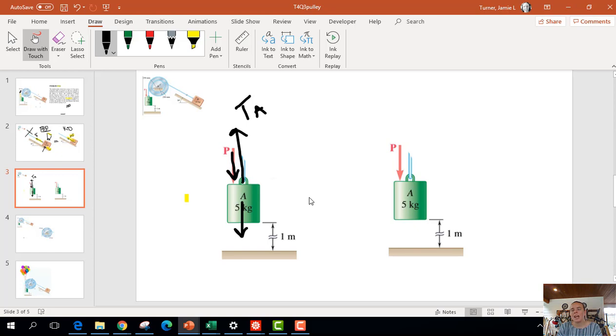For this one, decide which direction you're going to call positive and which direction you're going to call negative. And since it's moving in this direction, I'm actually going to write my equations up with down as positive. Okay, so there's my kinetic diagram. Forces don't add to zero, they add to ma.